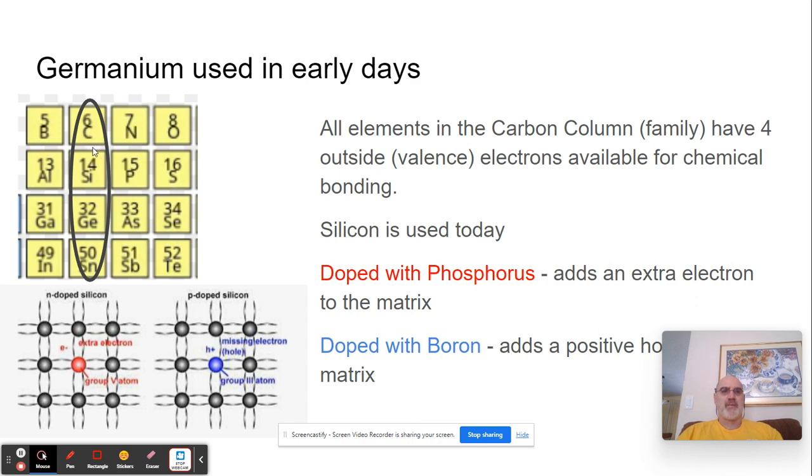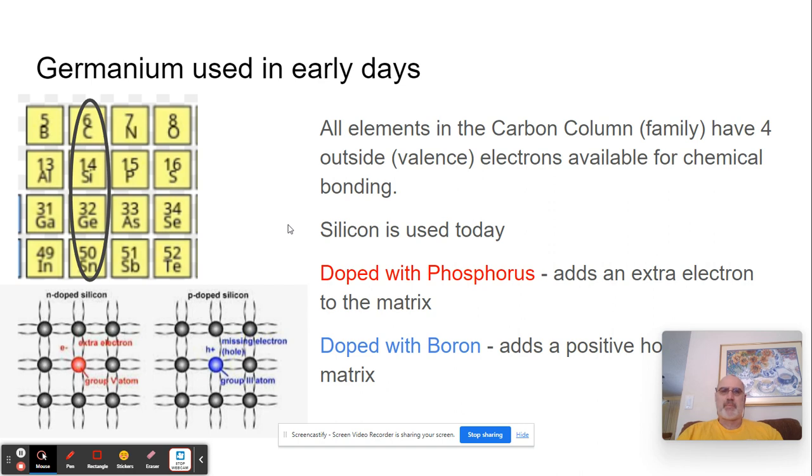And so they're all chemically similar. That's what makes them a family or a group on the periodic table. Germanium was used first. It's probably more rare than silicon. Silicon's a pretty common element. It's basically in every rock and sand, and it's everywhere. They have four outer electrons.